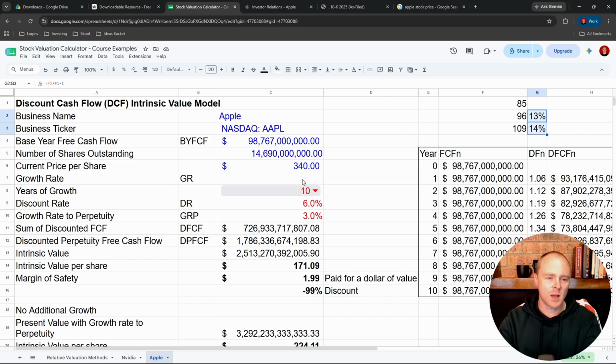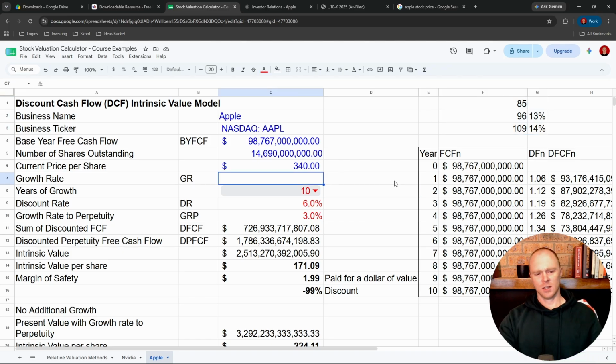So we've got to come up with some value for this growth rate. Now, that hasn't consistently hit the free cash flow of the business, but over the long term, we can expect it to. So for me, looking at the next 10 years ahead, I know Apple's gone from nearly 15, 20% growth rates 10 to 15 years ago, and it's slowly decreasing as it reaches the rest of its market.